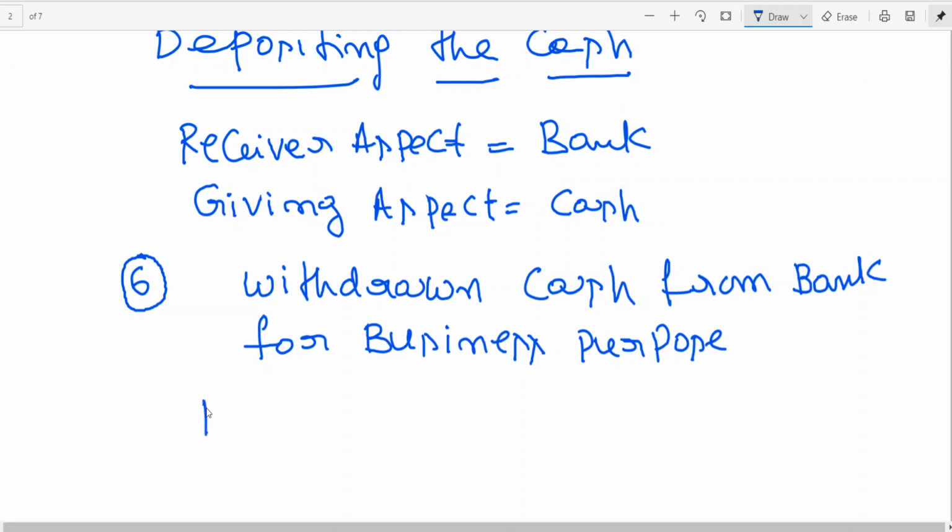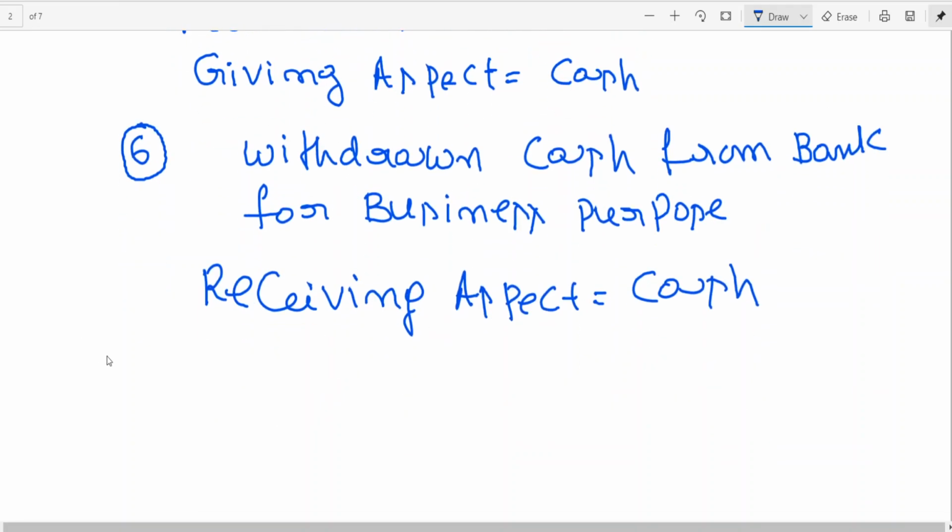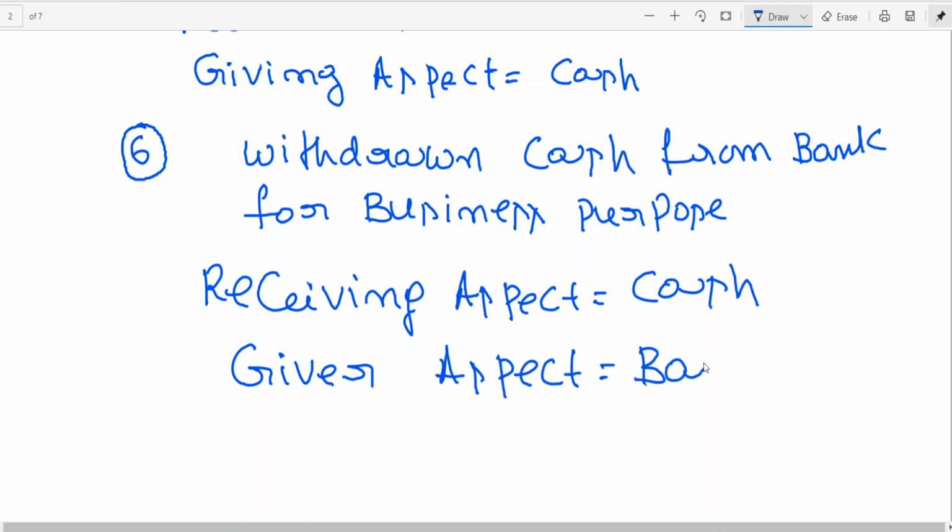When you go to the bank and withdraw, what is that aspect called? Receiving aspect. Receiving aspect is what, my dear friends? Tell me. Cash. Now, who is the giver? Bank. So here I am writing giver aspect is bank.